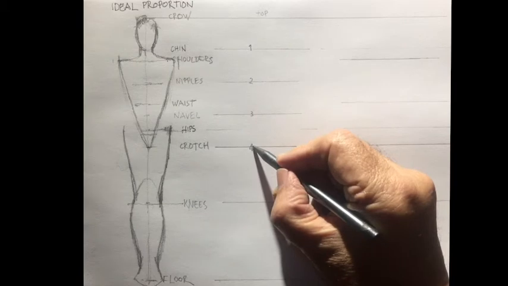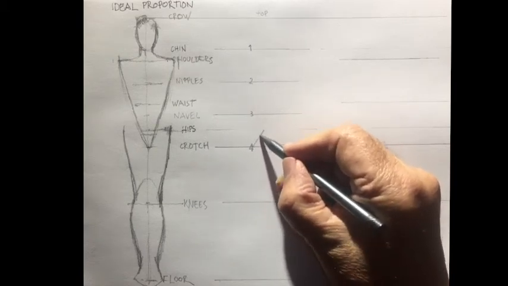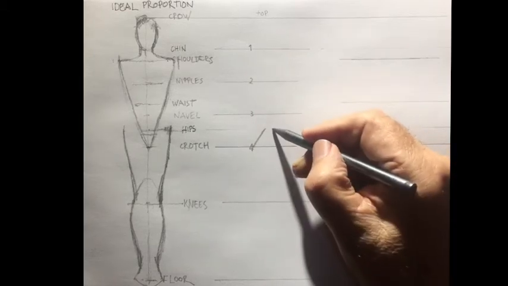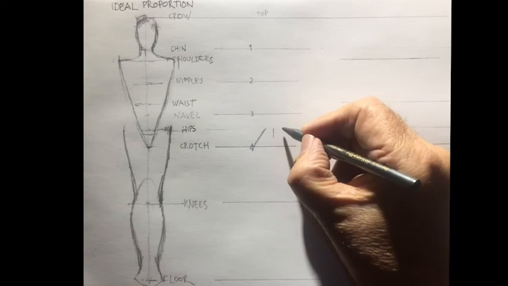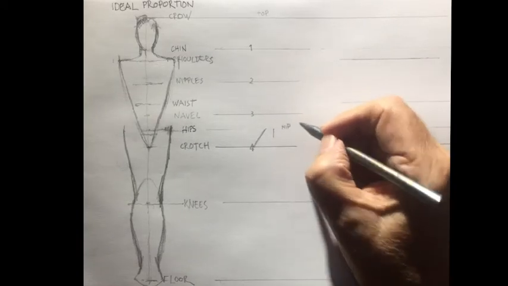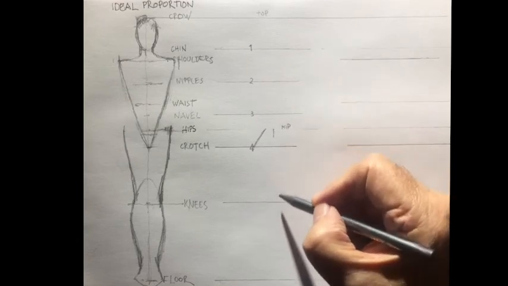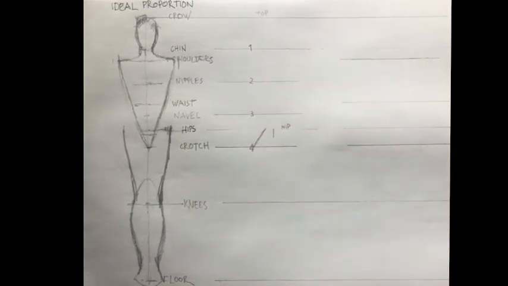But then from here, where the crotch is, we step back a half head before we get to the hip. So then we start again from the hip, and we do two heads, one, two heads, and one, one, two heads.